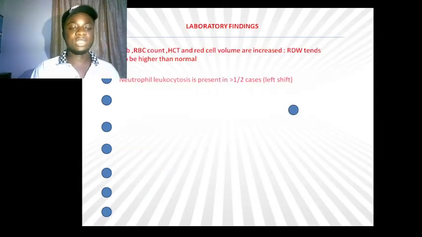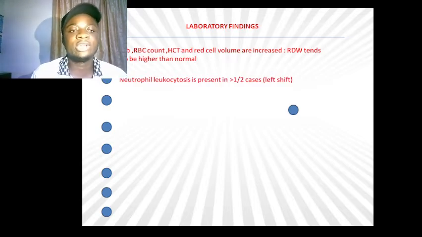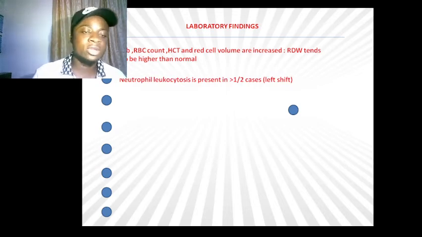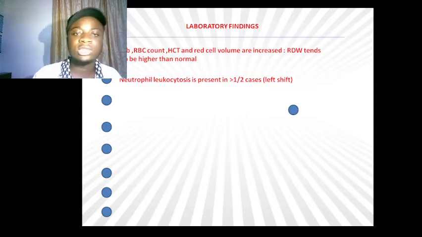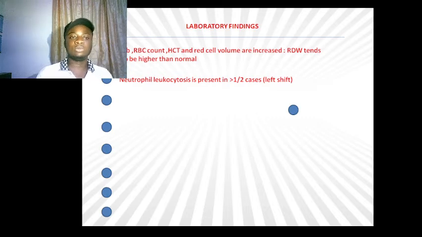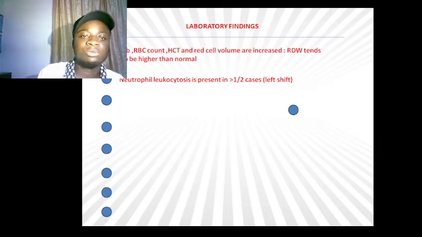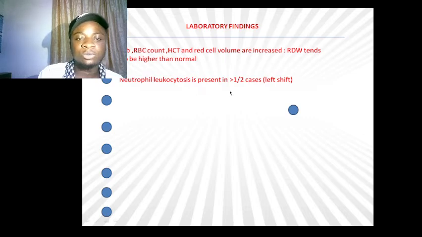So lab findings: hemoglobin, RBC count, hematocrit, and red cell volume are increased. So hemoglobin is increased, red blood cells will be increased, hematocrit will be increased, and then red cell distribution width also tends to be higher than normal. So one of the common laboratory findings is this. So we take care of that. And neutrophil leukocytosis is present.